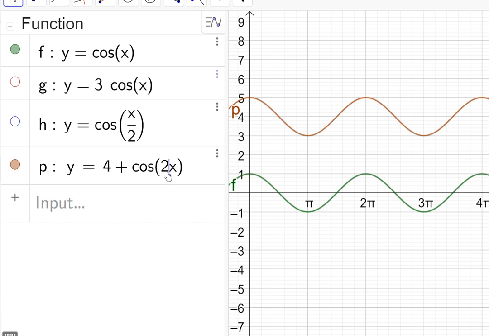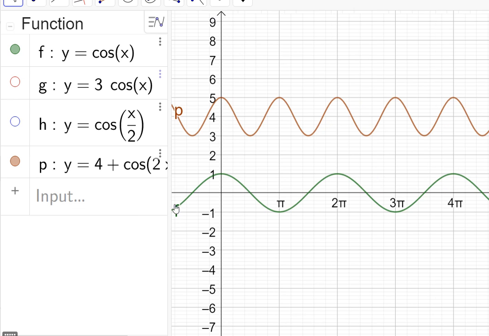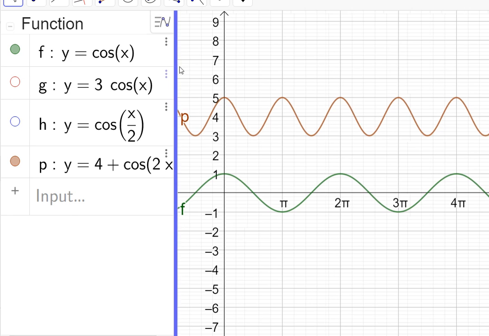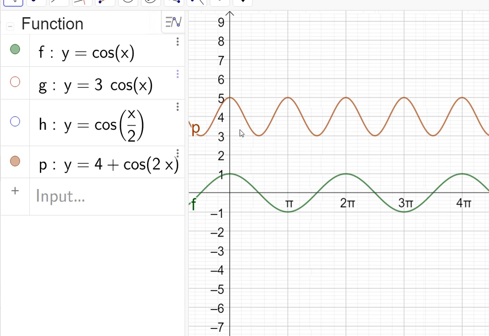It means we're going to oscillate twice as quickly, so our period is going to be half of what it was. Let's see what effect that has. Well, we've moved up 4 places and we're oscillating twice as quickly. It only takes a period of pi to do a full oscillation.